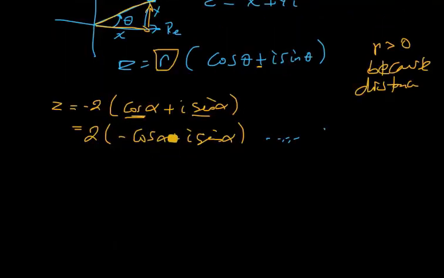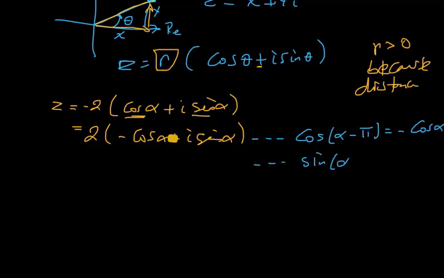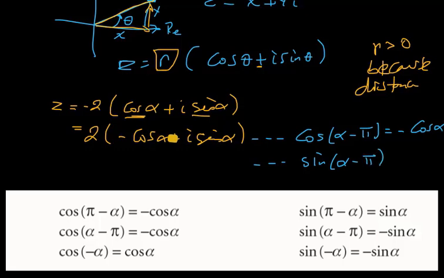From the property, cosine of alpha minus pi is the same as negative cosine of alpha, you have to prove it. The other one: sine of alpha minus pi is the same as negative sine of alpha.